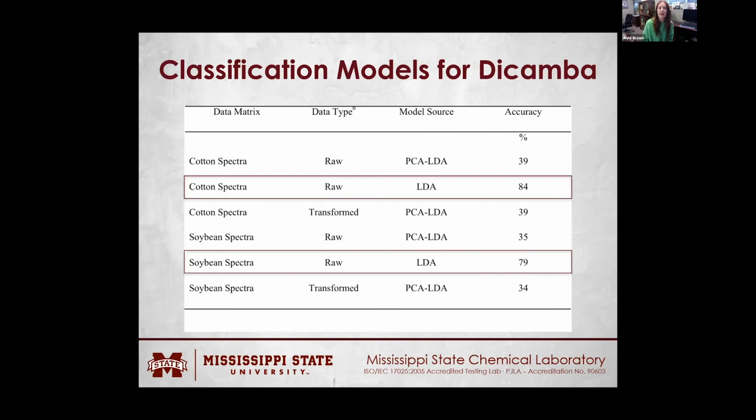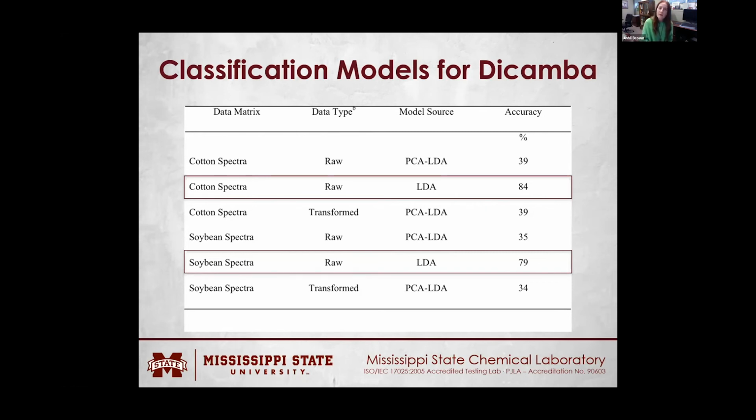So if you look at the classification models for dicamba, for both cotton and soybean, if you look at the types of models that provided the best data, if you look at the raw spectra with the LDA plot for both cotton and soybean, you can see that for cotton we had about 84% accuracy, and for soybeans we had about 79% accuracy.